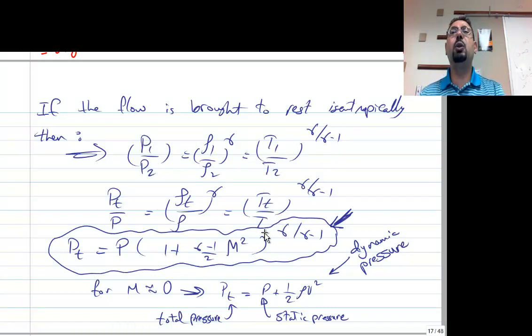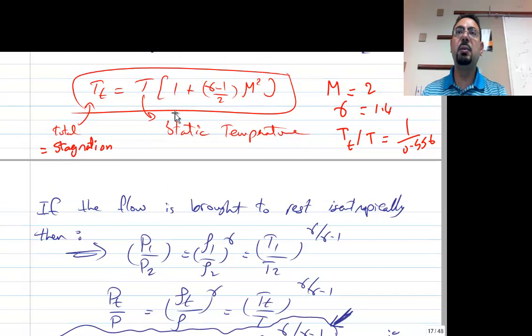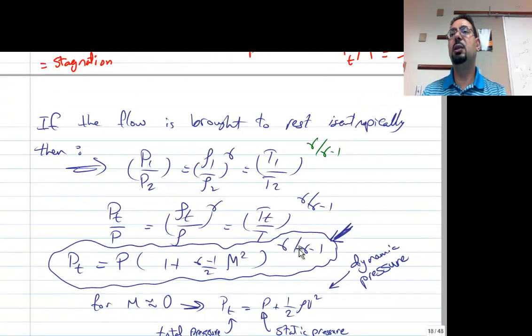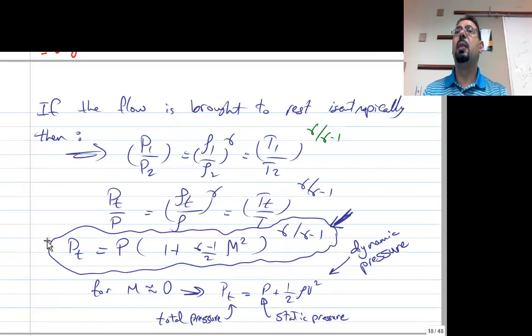Well, we know what's T total over T, then we can get what's P total over P. And so the P total and P relation is almost like this, except for the exponent, the gamma over gamma minus 1. That's the only difference. Okay? So that is the difference between P total and P.